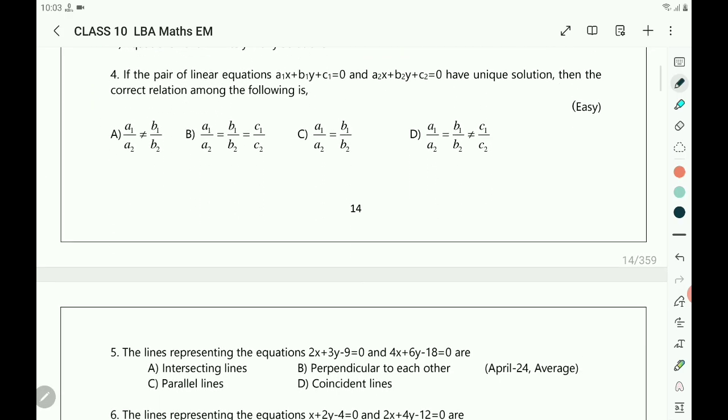Then the fourth one: if the pair of linear equations a1x + b1y + c1 = 0 and a2x + b2y + c2 = 0 have a unique solution, then the correct relation among the following is. Here a unique solution means a1/a2 is not equal to b1/b2.